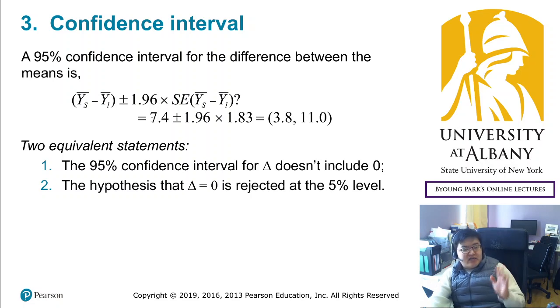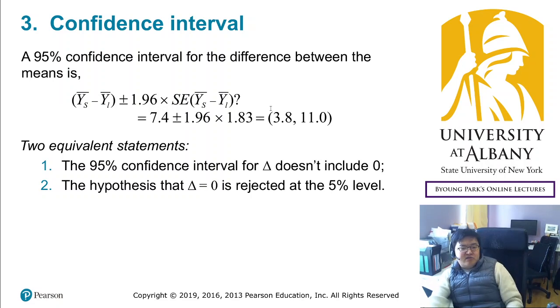The estimated average difference is 7.4, but this number may have some random errors, so you allow a certain margin of error. The margin of error is calculated using the standard error and the standard normal distribution table.